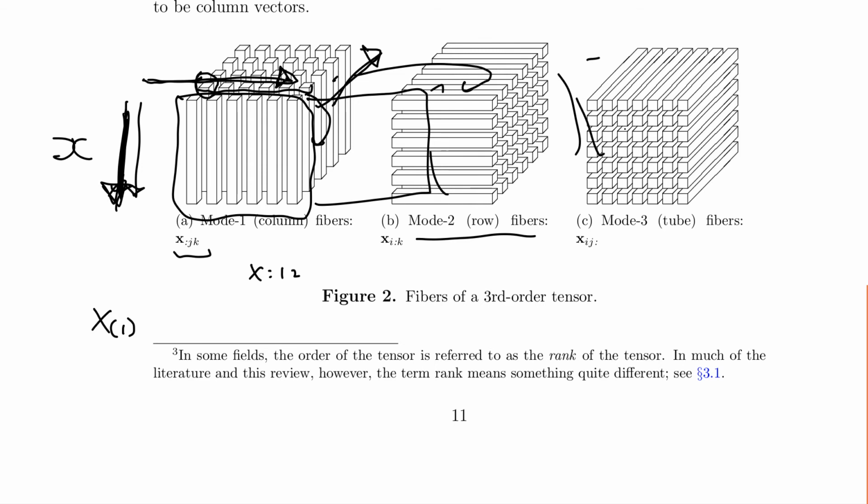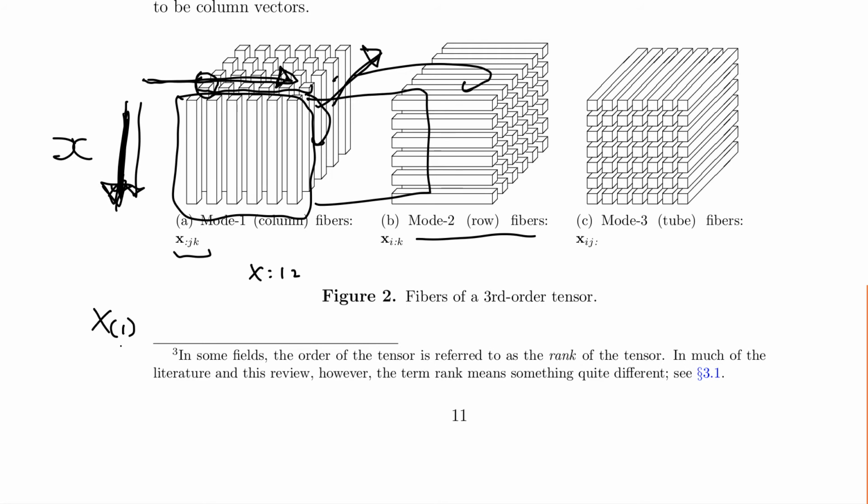So I have 5 layers, and I will eventually have 6 times 5, 30 columns here. This is my mode 1 matricization of the tensor here.